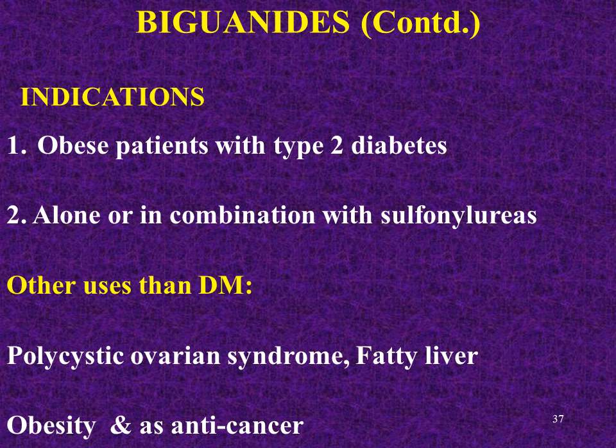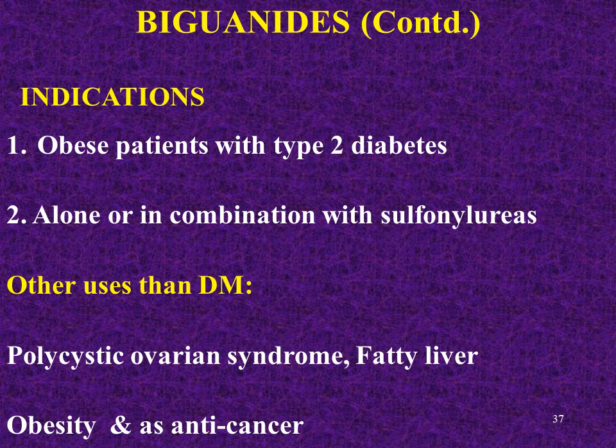You won't opt this drug in thin and lean, okay, because it causes weight loss or does not affect the weight, but they are preferred in obese patients because these biguanides are also used for the treatment of obesity and especially for polycystic ovarian syndrome because they are thought to be because of insulin resistance, and these biguanides increase the insulin sensitivity.